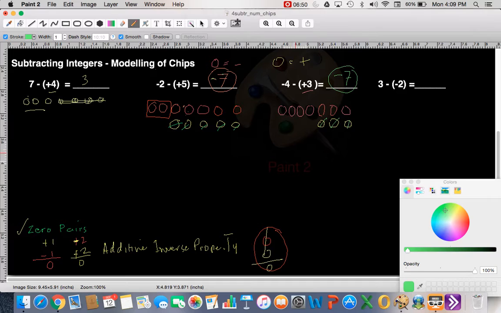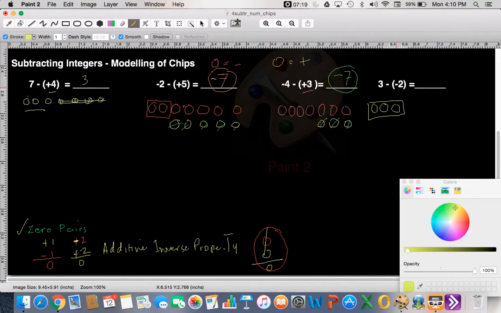Got it? So let's try this example. Positive 3. 1, 2, 3. Now, you've got 3 positives here, and you are taking away negative 2. But you don't have anything here, ladies and gentlemen. So in order for you to have something here to take away, you must have these 0 pairs.